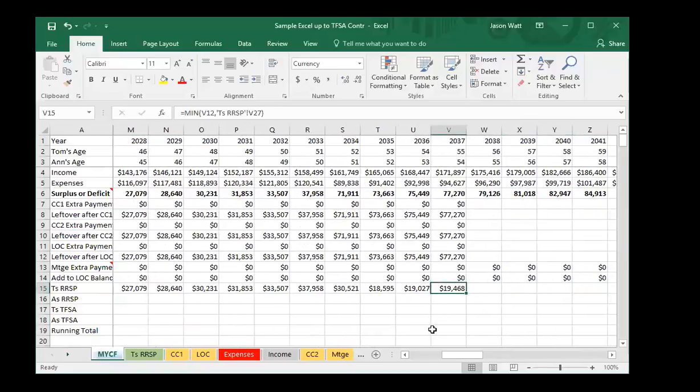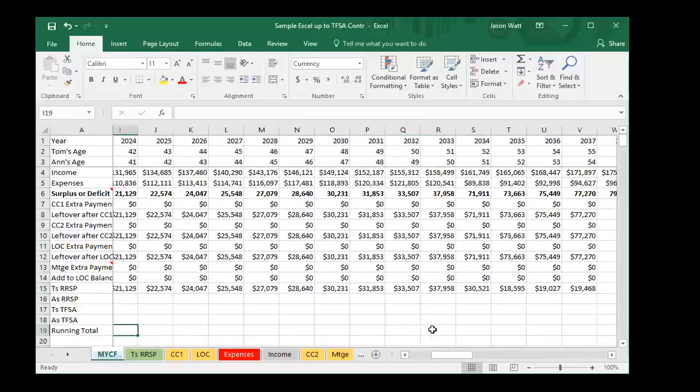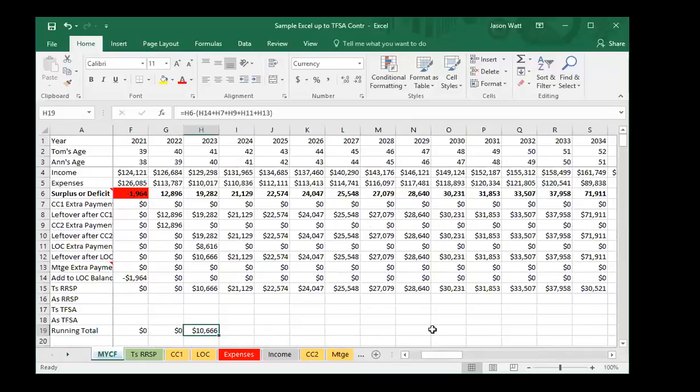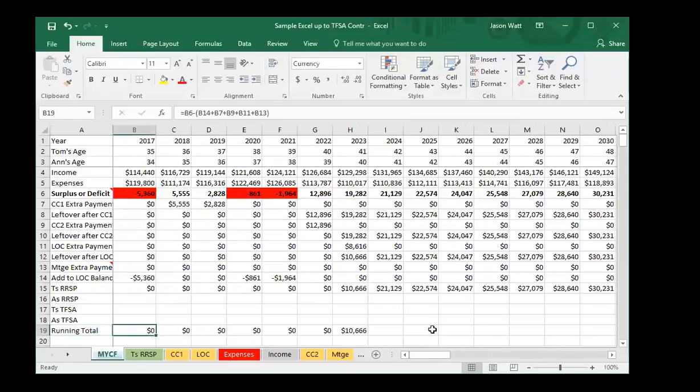Okay, so now we get to a point where if I apply my running total, I can see that I'm going to bump into a problem here. What I really should be doing now is taking my running total and saying, well, now we're also going to add Tom's RSP to that amount.